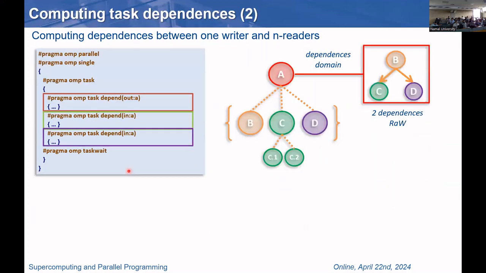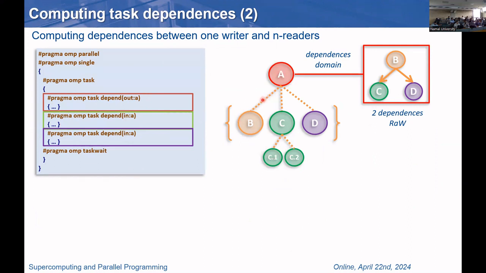If we go to the next slide, this is computing dependencies between one writer and n readers. It's the reverse. I have one output of A. This guy will do A equals something. Then we have two tasks that have an in of A to do various things on the A. And this is the task graph that we are creating here.